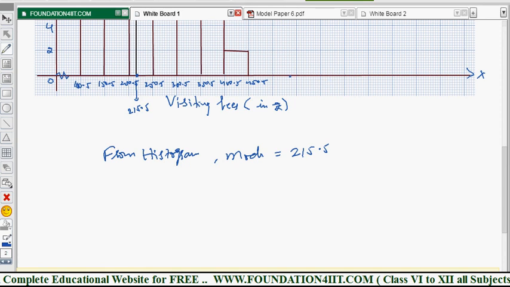Because 1 centimeter is 50 units, that means 10 millimeters is 50 units, then 1 millimeter is 50 by 10, so 5. So we got 3 millimeters, so we got 15 points. Just calculate like that. Therefore, using this, the modal fees is rupees 215.5. So most of the doctors are collecting fees around 250.